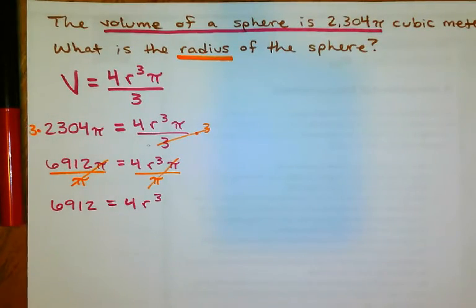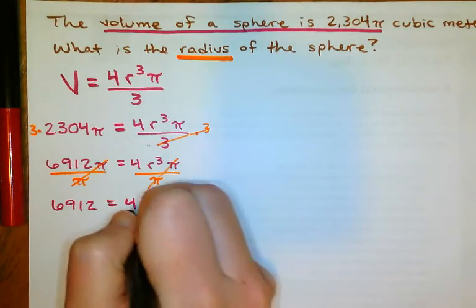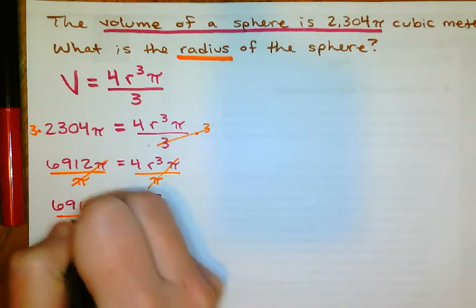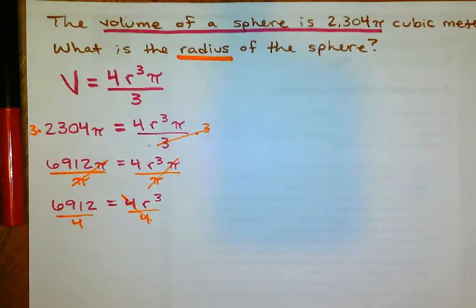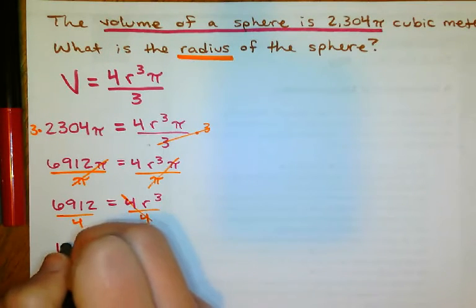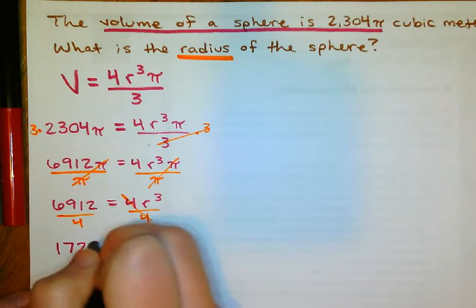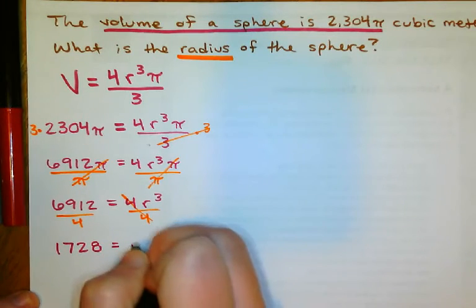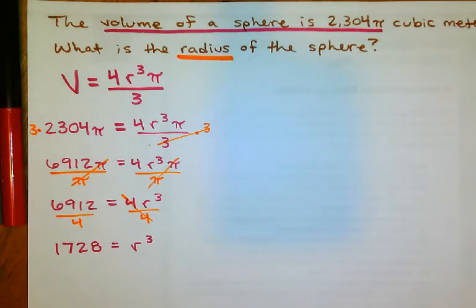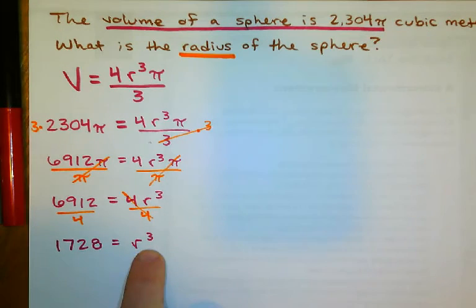All right? So now what we're going to do is divide by 4 on both sides. Okay, so 6,912 divided by 4 is going to give us 1,728, and it's equal to r cubed. Alright, now do you guys know what to do? If we have r squared, how would we get rid of a square?